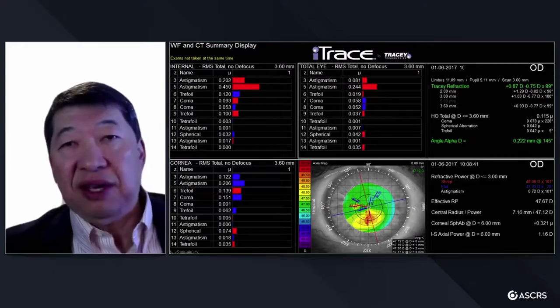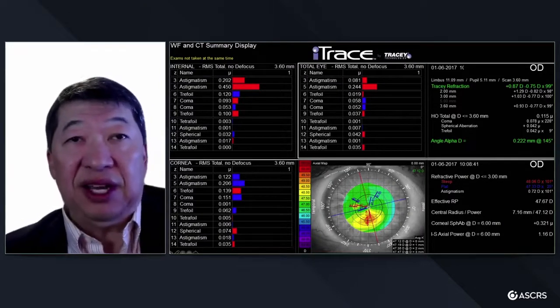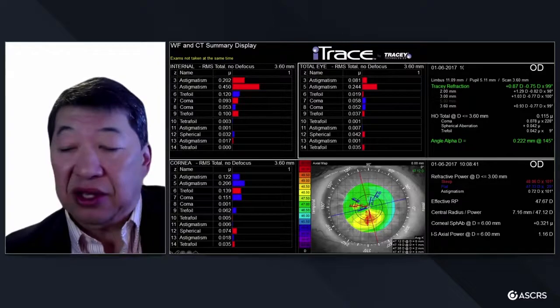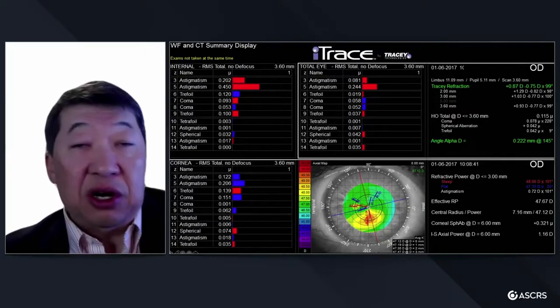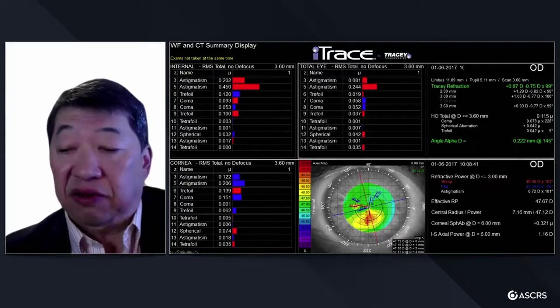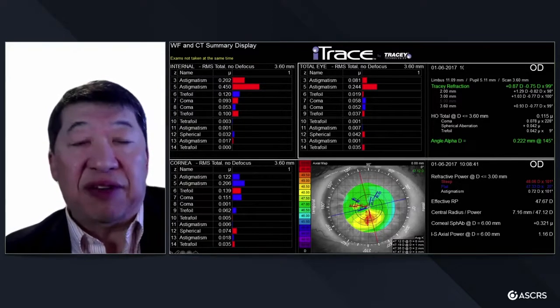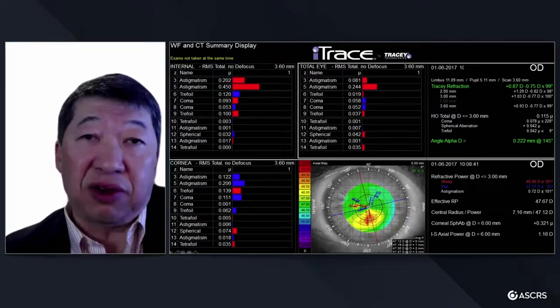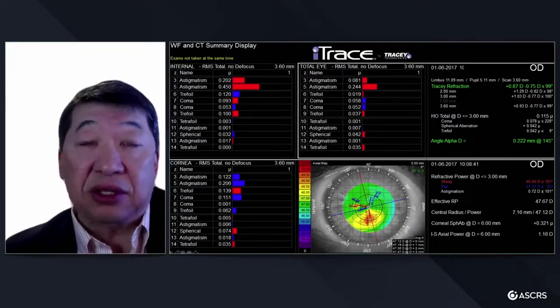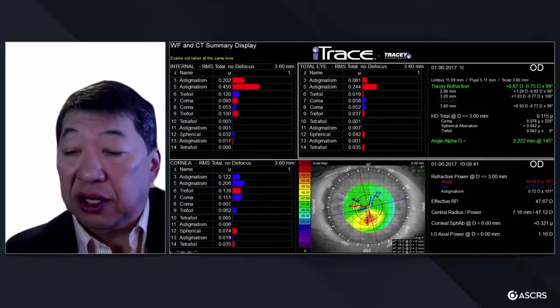So MTF is really quality of vision. It's the contrast sensitivity, and we know that the cataract can decrease from that. But then we have aberrations. Lower order aberrations decrease from that, but that's sphere and cylinder. We can correct that with glasses, can correct it with a toric lens.